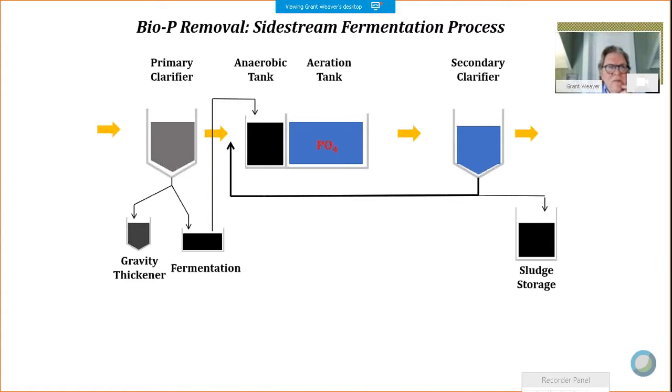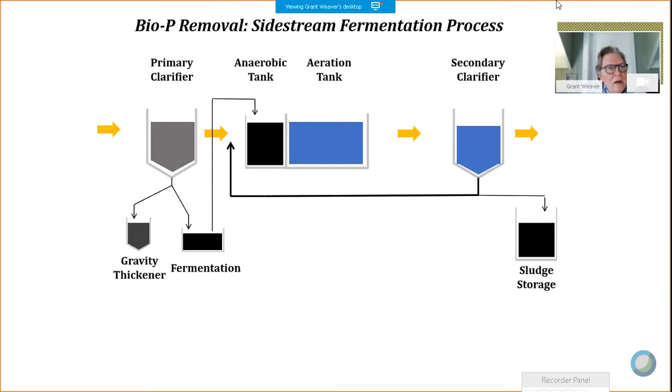As they do release the phosphorus, you can measure the amount of soluble phosphorus leaving that anaerobic tank. That phosphorus that was released plus the phosphorus from the influent will be sucked out of solution in the aeration tank, leaving a very low phosphorus concentration.